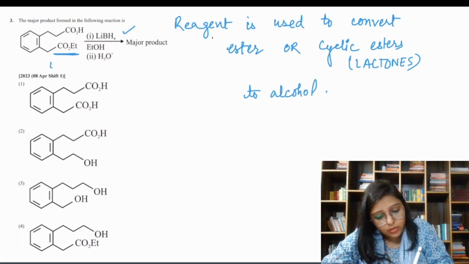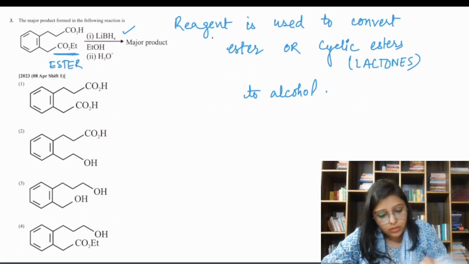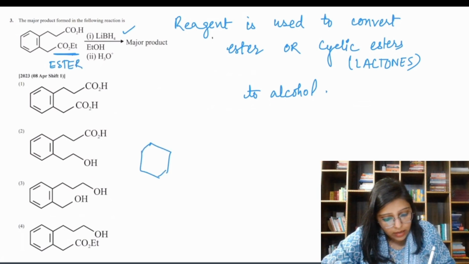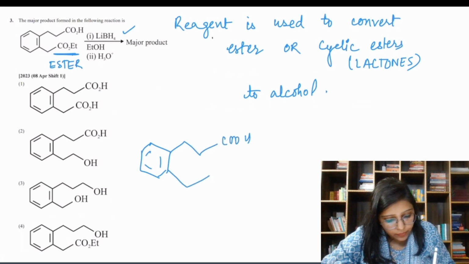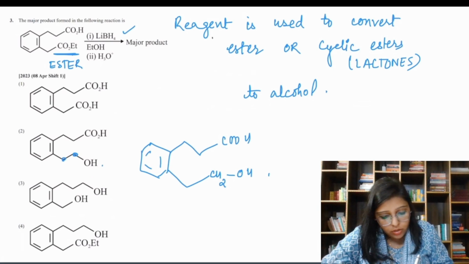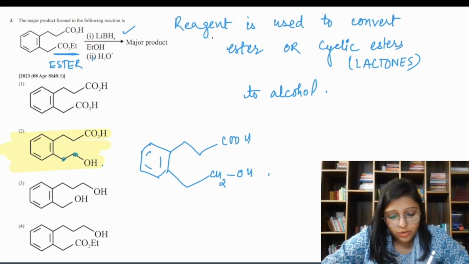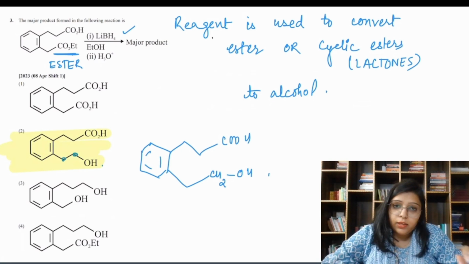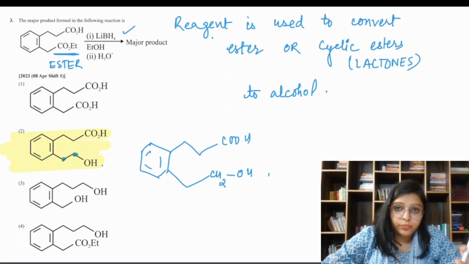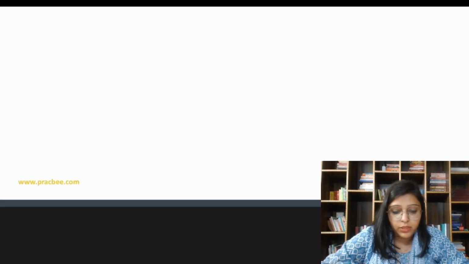This is the ester group, so we write alcohol over here: COH, and here CH2OH. So option 2 is going to be the correct answer. There is no role of H3O positive and all. Nothing. So the option 2 is the correct answer.